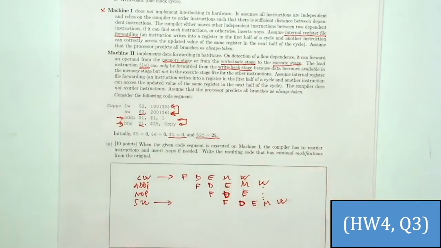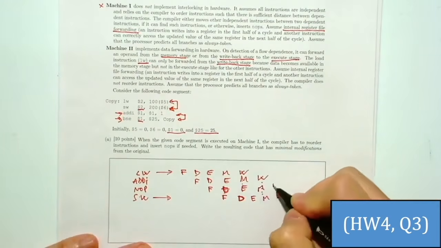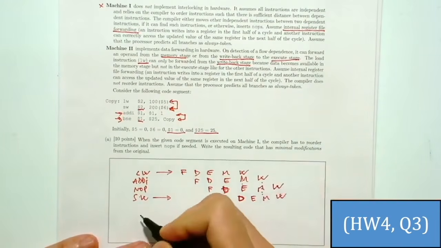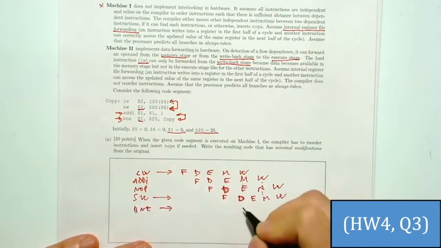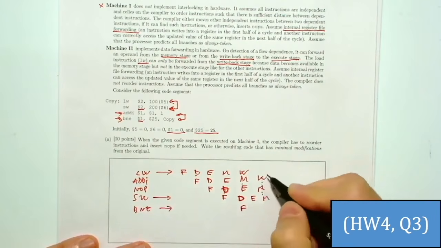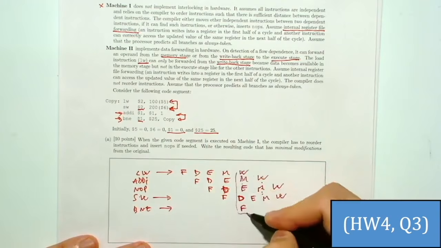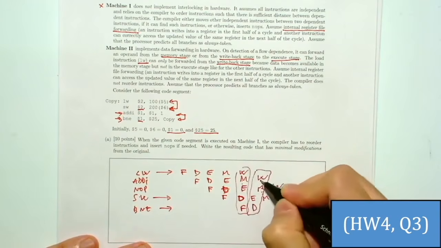Execute, modified, write back. And the last instruction, branch, can fetch. So this is not very well aligned, but this is the decode phase.